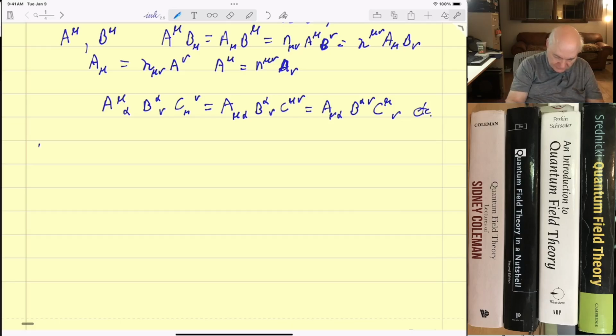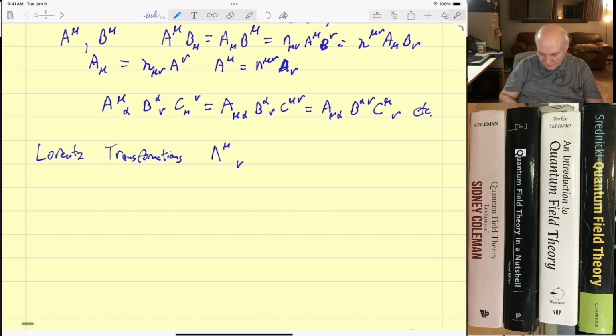So for Lorentz transformations, we usually denote them by Λ^μ_ν, and this confuses people because there's an upper and a lower index, but that's just how we do it.